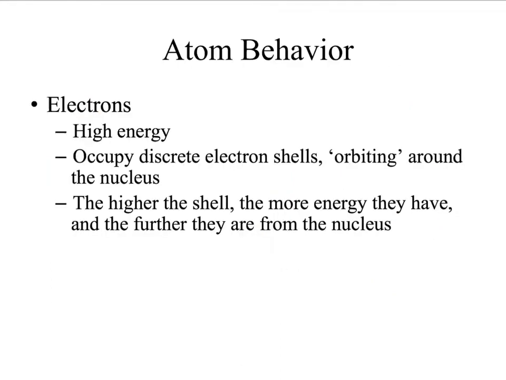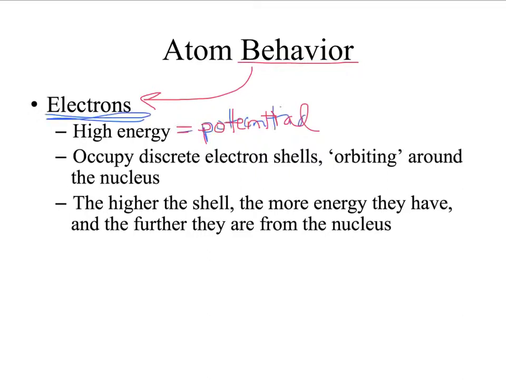So the behavior of an atom is all determined by its electrons. Electrons have a lot of energy, it's potential energy. We know that electrons carry a negative charge, and the nucleus of an atom with protons and neutrons carries a positive charge. So the electrons are attracted to the nucleus. Electrons occupy what we call discrete electron shells, and these shells are areas in space where you're most likely to see an electron.